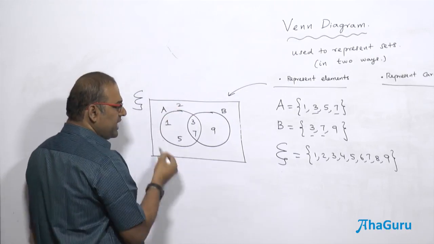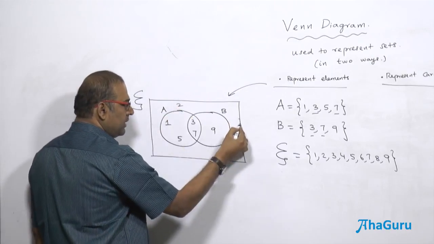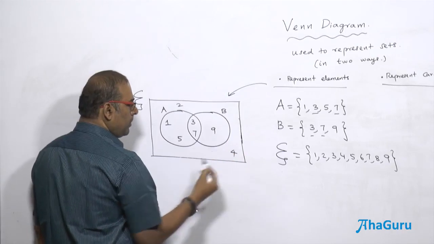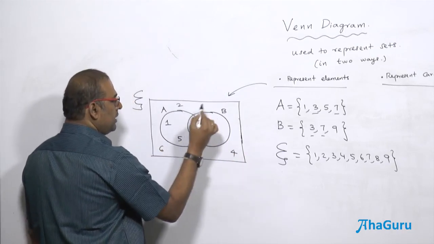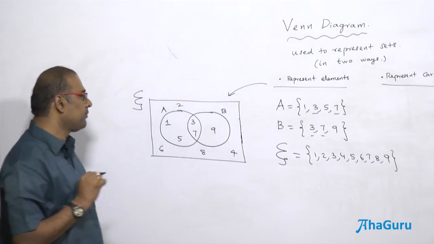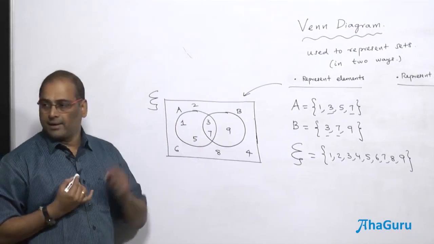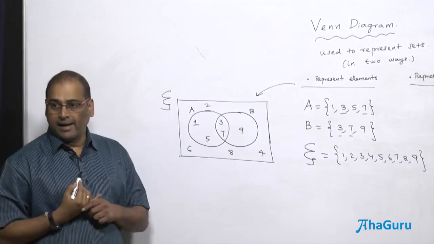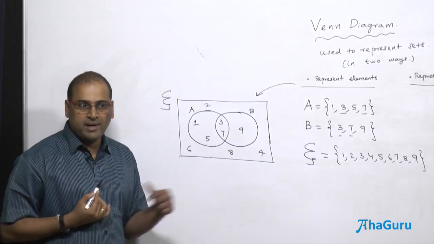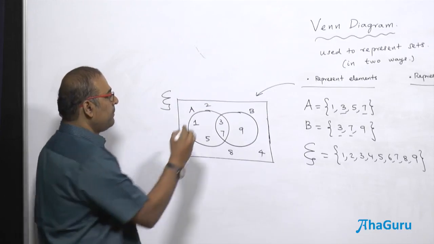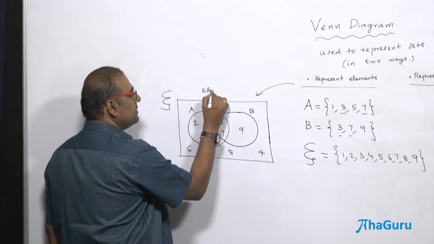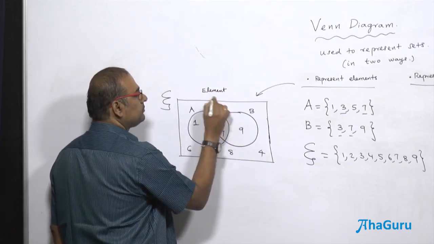So 2 you can put anywhere but not inside the circles. 2, 4, I can put 6 here, I can put 8 here. Is it over now? 1 to 9. This Venn diagram is representing elements. The element Venn diagram.